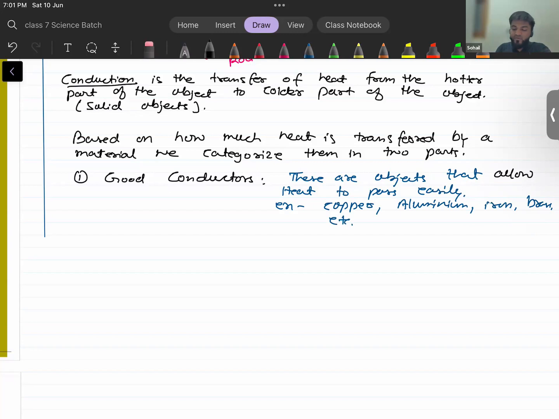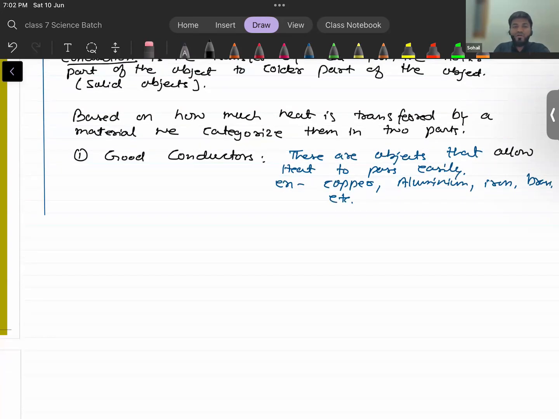Now another type of material will not allow heat to easily pass through it. Like the handles of utensils used in the kitchen, they are normally made up of rubber or plastics. Otherwise, if they were made up of metals, we would injure ourselves.